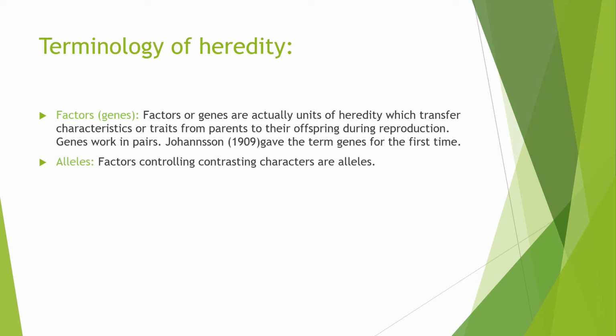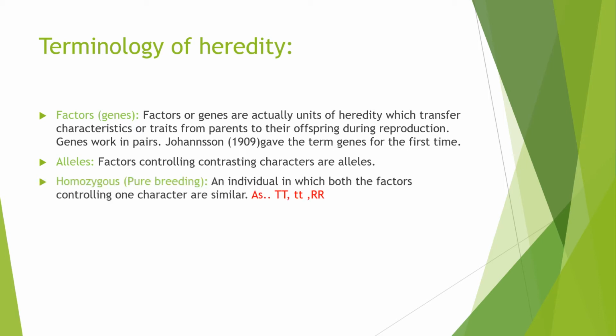These two units T and T are known as alleles to each other. It means the first T is allele to the other T and the other T is allele to the first T. So like this you should differentiate factors and alleles. Factors means the unit TT, and alleles means one T and the second T.